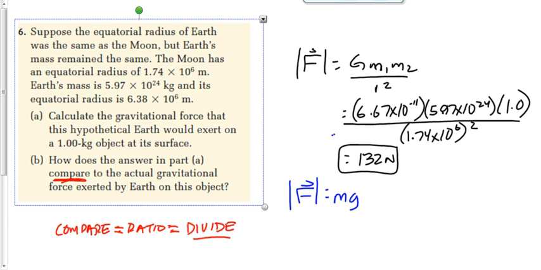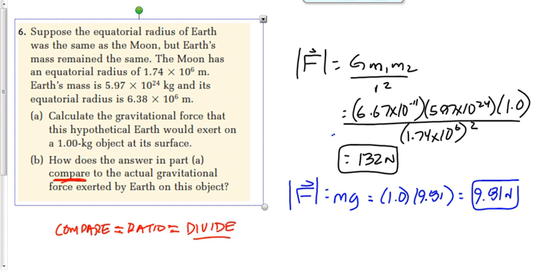Why can we get away with that this time? Well, because the Earth's gravitational field on the surface of the Earth, when the radius is what it's supposed to be, is 9.81. So my weight, or the force of gravity on this 1 kilogram object, when the radius of the Earth is what it's supposed to be, is 9.81 newtons.